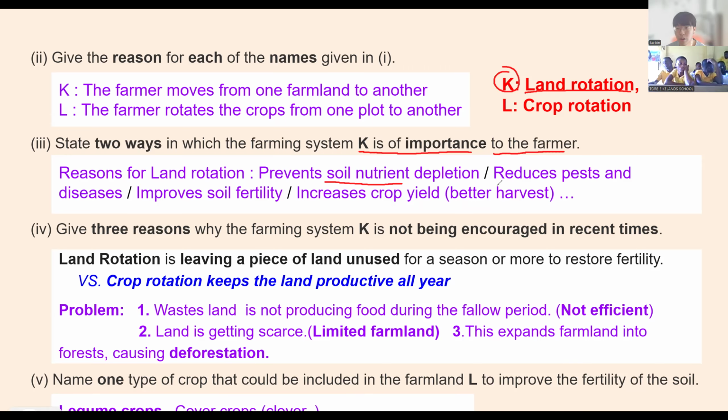And it also reduces pests and diseases. It also improves soil fertility, and it is for better harvest as well because it increases the amount of crop yields. So using more farmlands would have more areas to grow all different types of crops instead of just focusing on one.